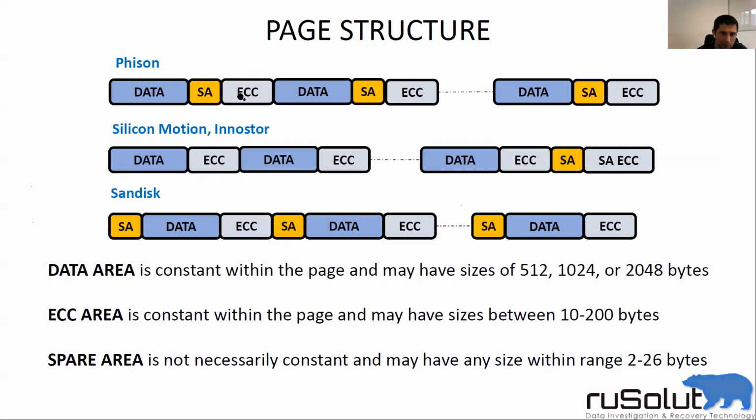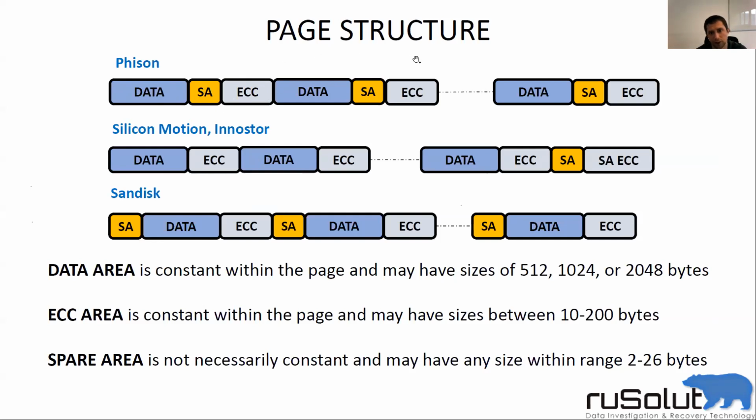Then we have ECC, which protects all this data, the data area plus service area. So it's a payload area and a parity area. This ECC protects all these things.